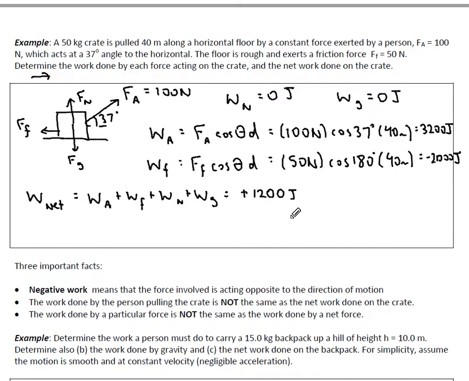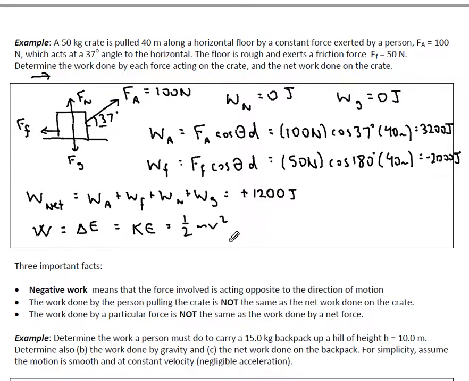So if we want to take this one step further, we can say, what speed is this thing now traveling at? And we can do that by the energy. Work is just defined as the change in energy. So we think of this as equaling a change in our kinetic energy, 1/2 mv squared.